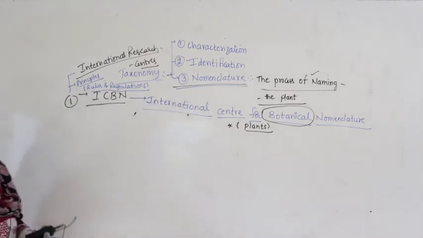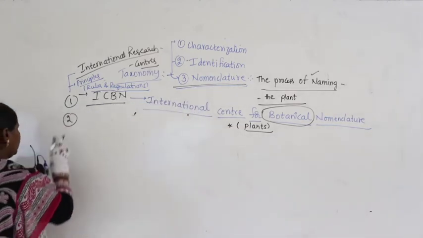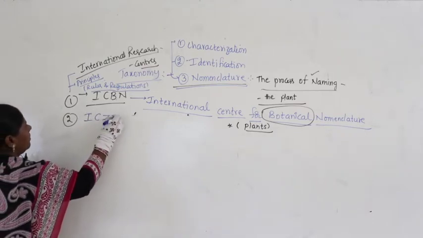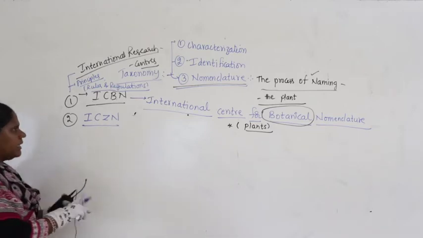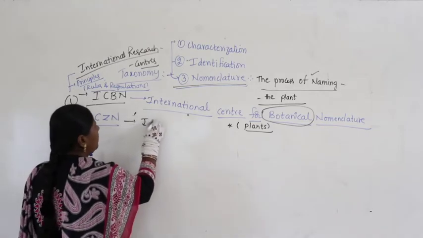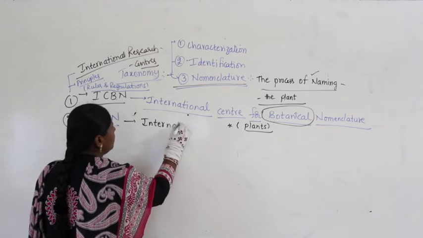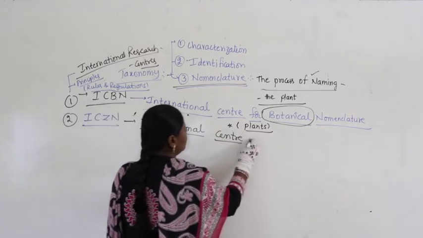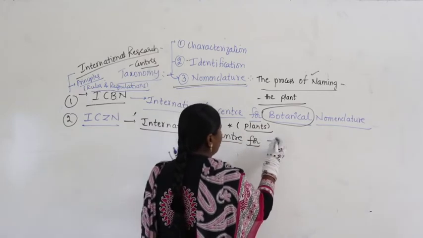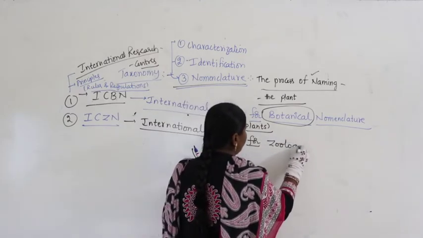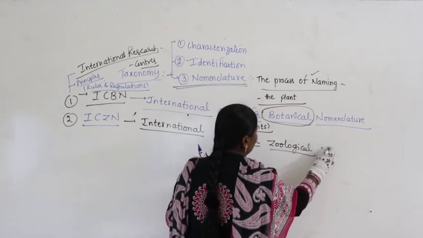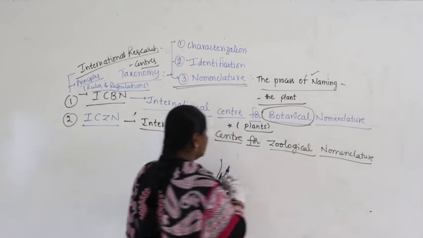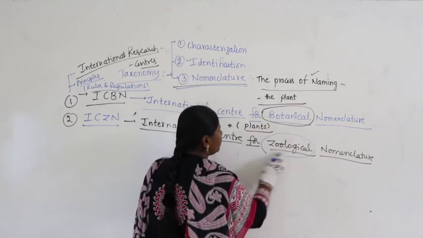Similarly, if you want to give names to animals, then we have the other one. What is that? ICZN. This is nothing but International Center for Zoological Nomenclature. Zoological means the zoo is the place for animals.